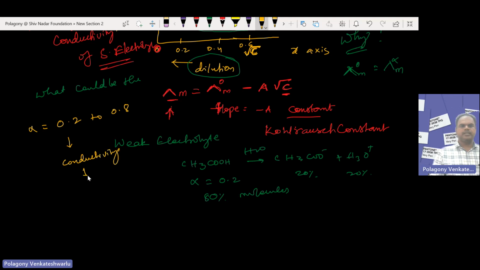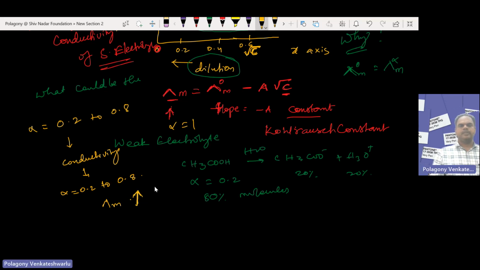In case of strong electrolyte, this is not happening, as alpha is already nearly 1. But for the weak electrolyte, alpha is 0.2 and upon dilution it increases to 0.8 or more than 0.8.